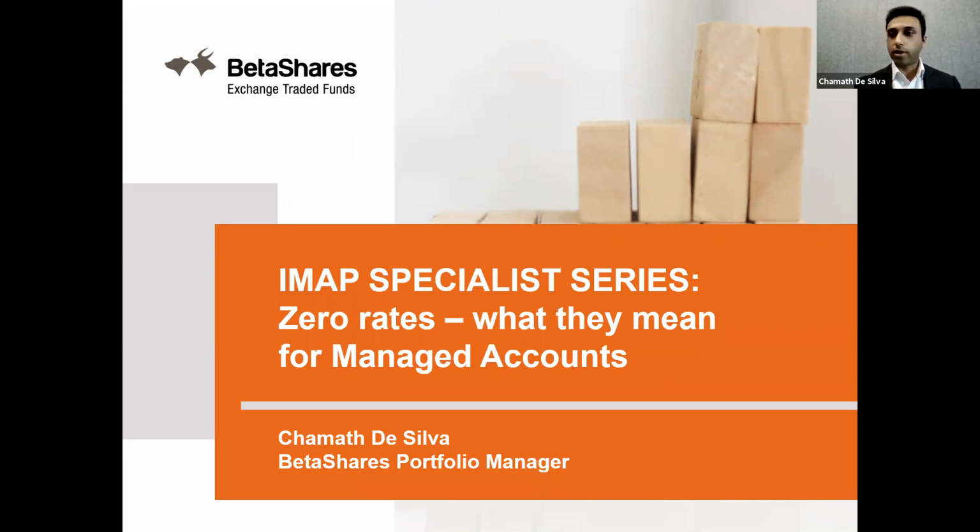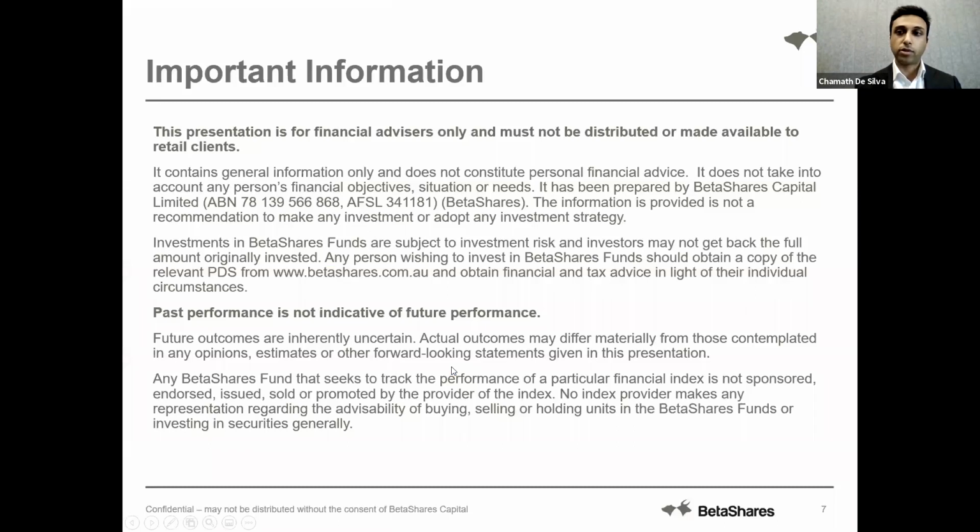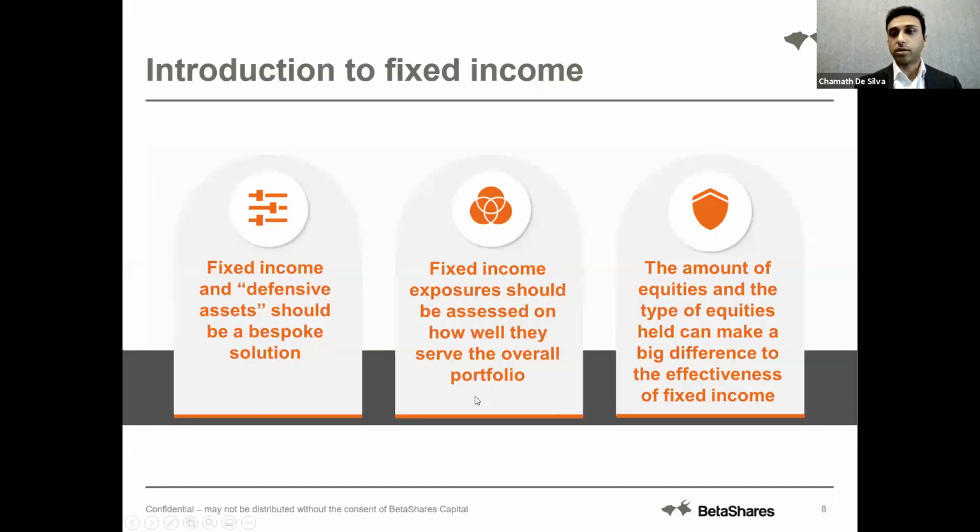So I think what we try and do at BetaShares is really understand how asset classes interact with each other. And once we've got a better handle on that, we'll see which types of fixed income can provide our portfolios with the defensiveness they need to help us achieve our investment objectives.